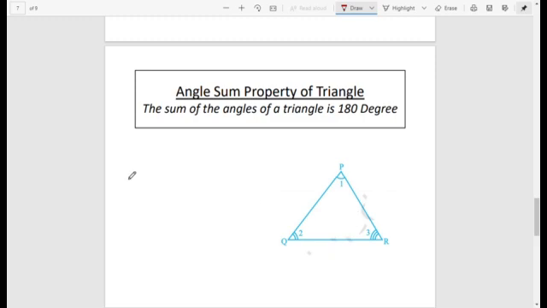Here in this case, angle 1 plus angle 2 plus angle 3 will be equal to 180 degrees.